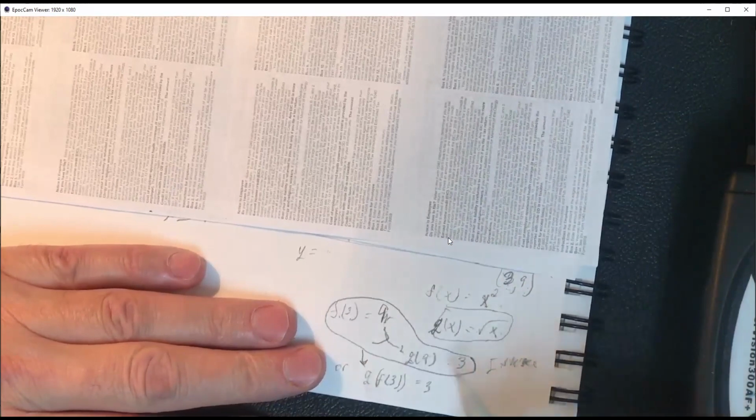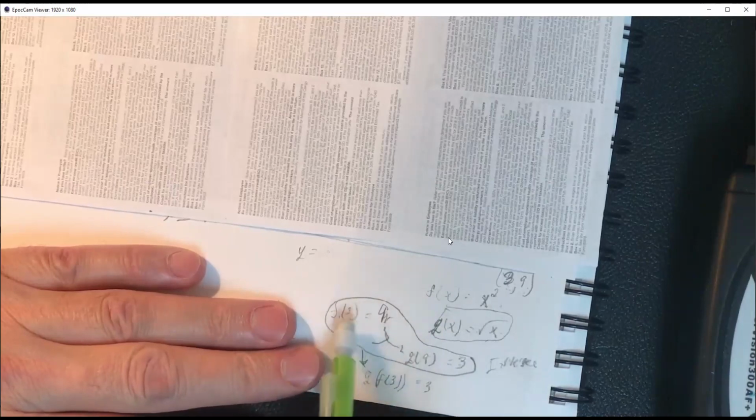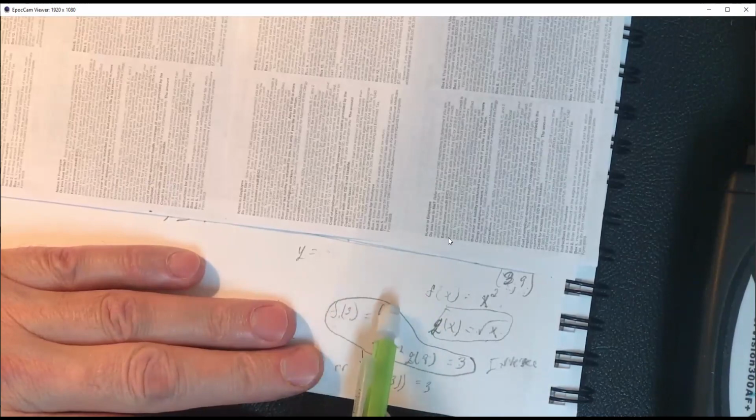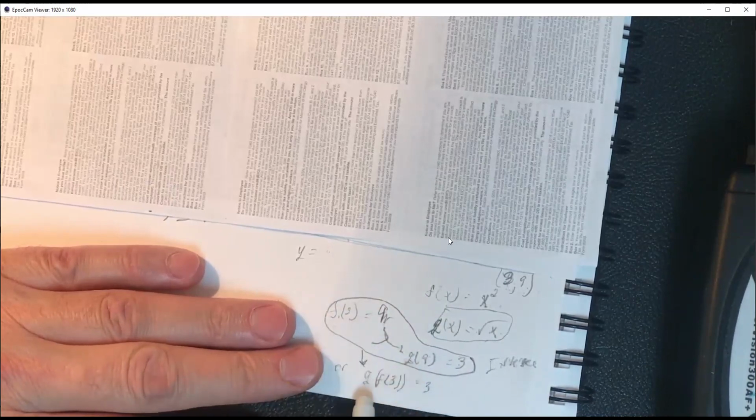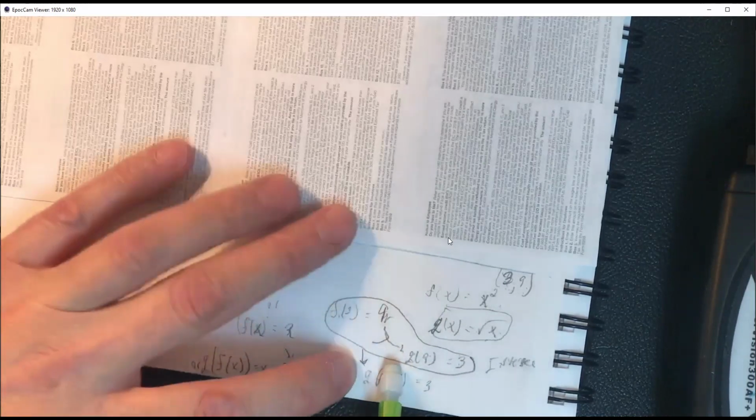In composition form, remember, the first thing we did was put 3 into the function f, and whatever answer we get, put that into g. Another way to do these two steps is to write it in one step. It says put 3 into function f, which is this part. We would get 9. And then whatever answer we get, which is 9, put it into g.